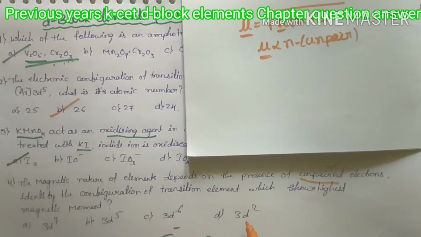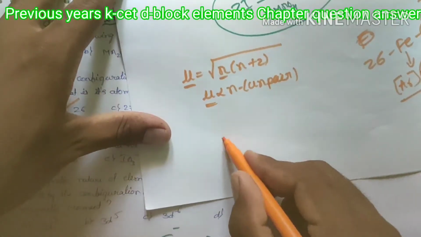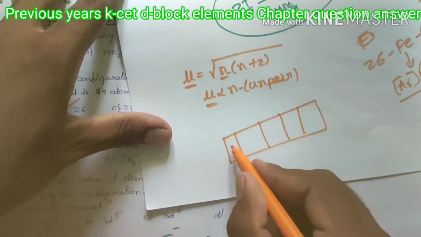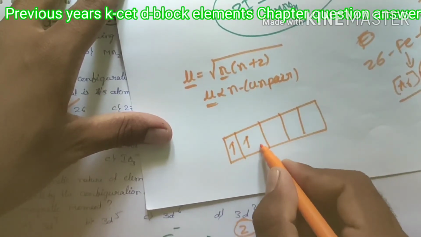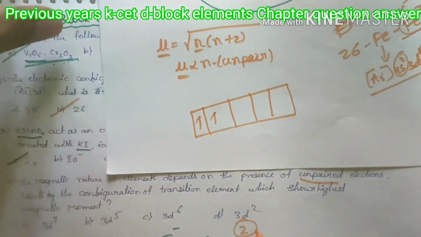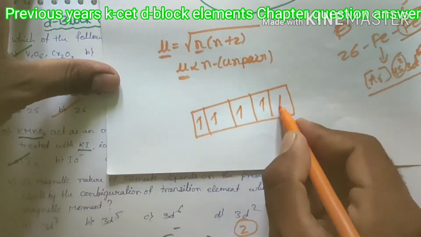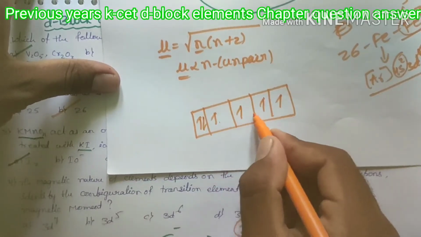Here you see, d2 means there will be 2 unpaired electrons. Some of the students are confused about how to calculate this. There are 5 d orbitals, 2 electrons are filled, they are unpaired, therefore 2 unpaired electrons. Next, d6: first fill singly, then pair up. How many unpaired electrons, dear student?